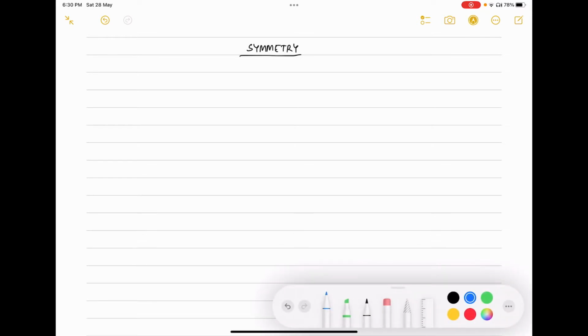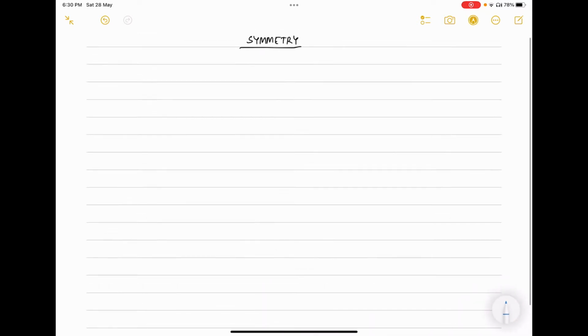As we all know, in very common language, symmetry is how different objects are identical to each other.